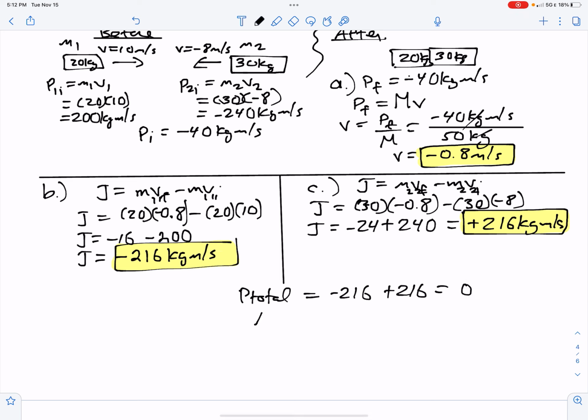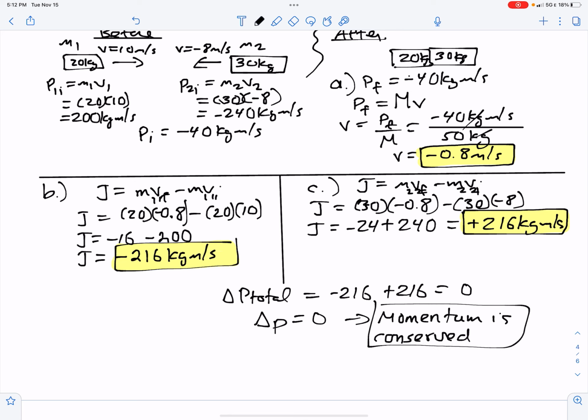Equals 0. This is the total change in momentum. The total change in momentum is 0, which means what? Momentum is conserved. It's kept constant.